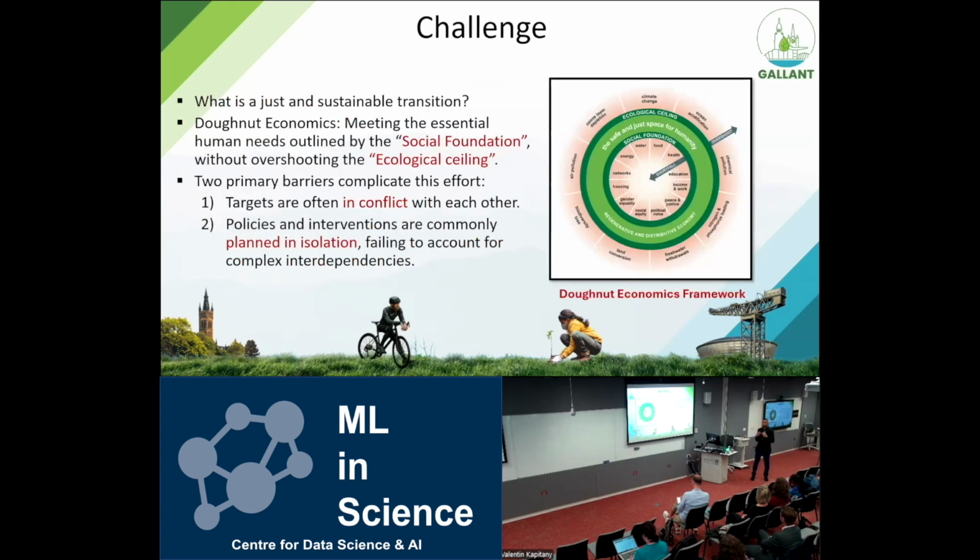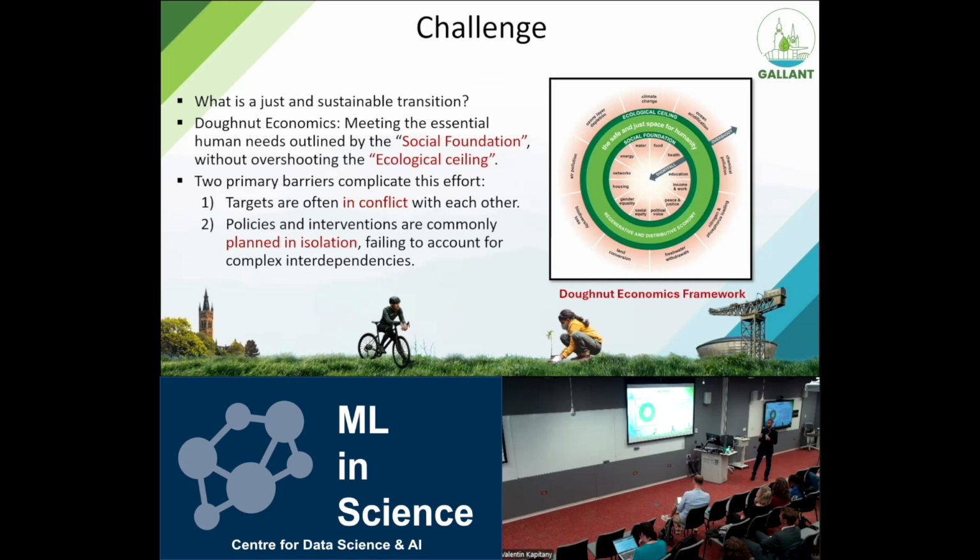So what exactly do we mean by a just and sustainable transition? Well, one way to understand this concept is through the framework of donut economics. This framework suggests that we need to meet the essential human needs defined by the so-called social foundation represented in the inner ring of the donut, without overshooting the so-called ecological ceiling depicted by the outer ring of the donut.